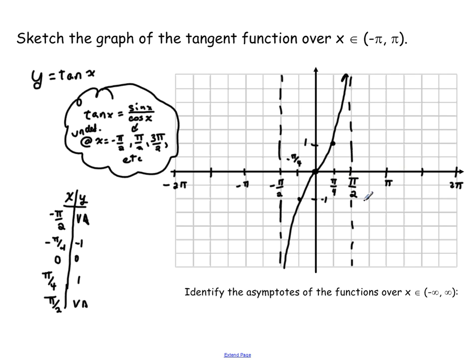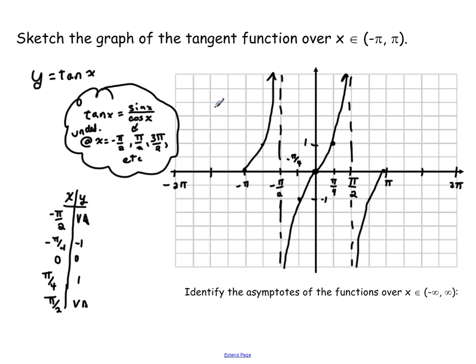Now, if I kept on going, this pattern would repeat, kind of like wallpaper. As I came along my vertical asymptote at 3 pi over 4, I'd have to pass through negative 1, then I'd have to go through pi, 0 again. If I start on the left, I'd have negative pi, 0, I'd be at negative 3 pi over 4, 1, and the graph would continue up towards its positive vertical asymptote over here.